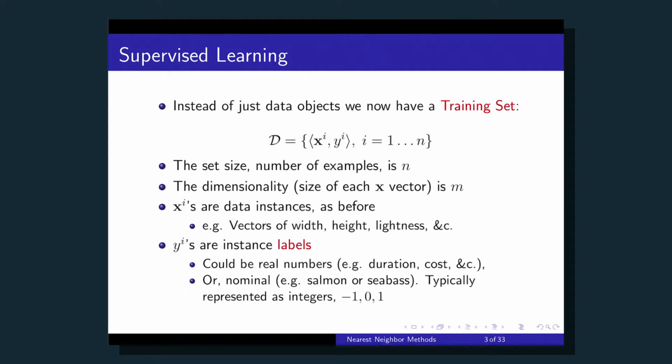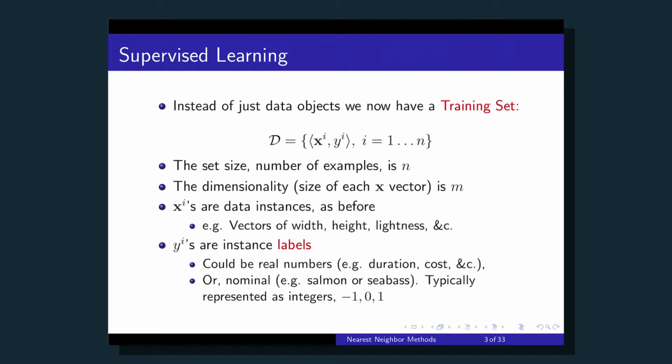And for each instance, you now also have what's called a label. Notice that the instance itself is a vector, whereas the label is generally a single scalar value. We're assuming that each vector x has a dimensionality m.